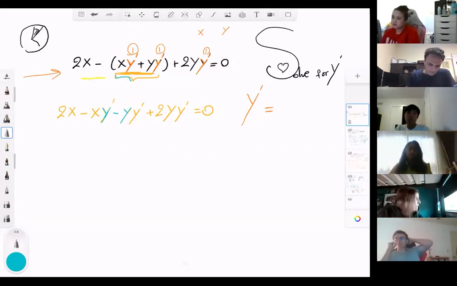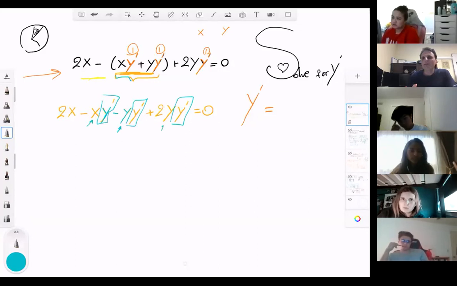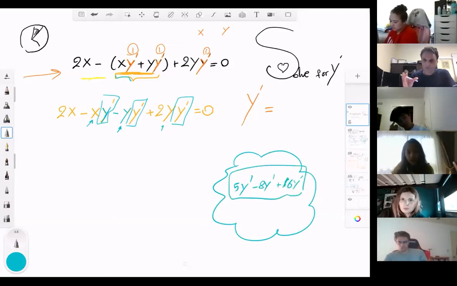So we are looking for y prime, y prime, y prime. Unfortunately, we cannot combine them. The coefficient here is x times y prime, y times y prime, so we cannot collect them. Collecting them would mean if we had something like 5y prime minus 8y prime plus 16y prime, then we could just combine them.